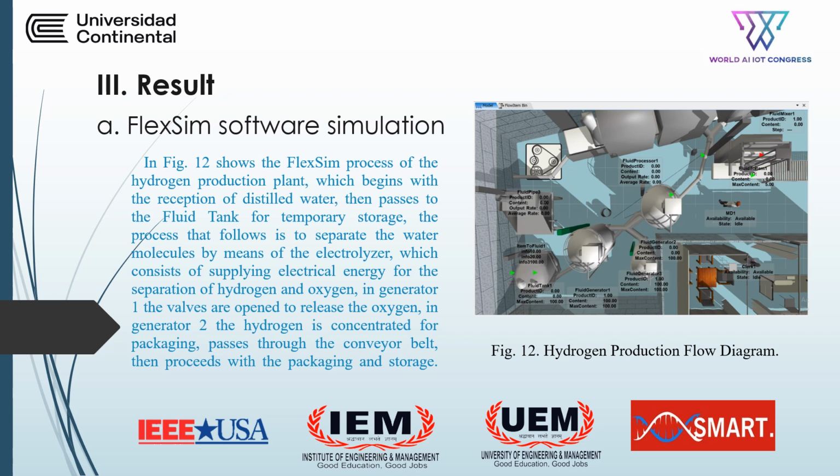The process that follows is to separate the water molecules by means of electrolysis, with the separation of hydrogen and oxygen. The generator releases the oxygen. Hydrogen is concentrated for packing. It passes to the conveyor, then to the process of packing and storage.